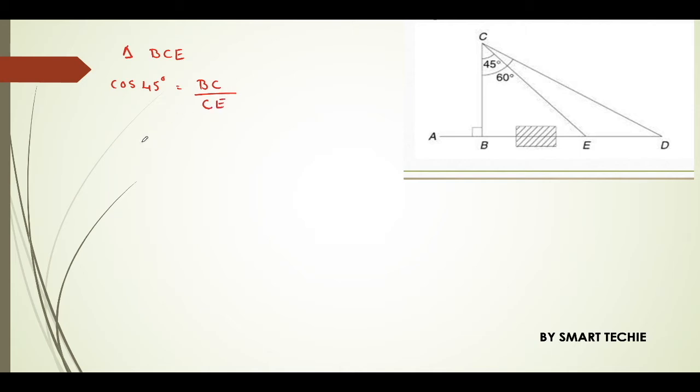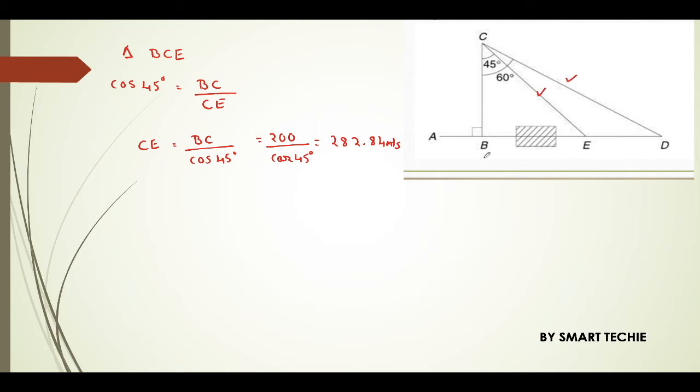So CE is nothing but BC upon cos 45, that is 200 meters, which is already given, upon cos 45, which is 282.84 meters.